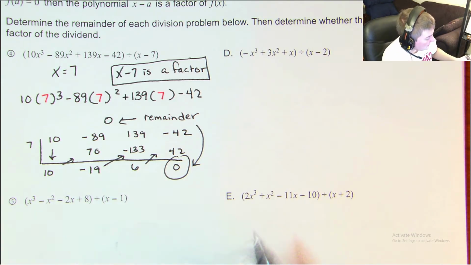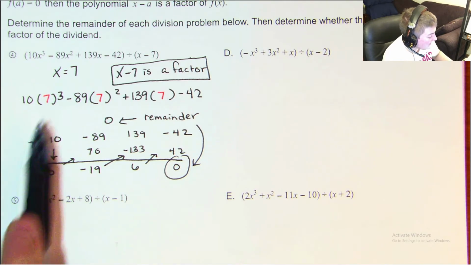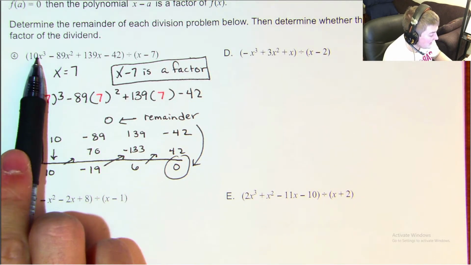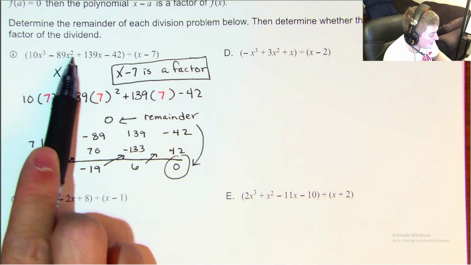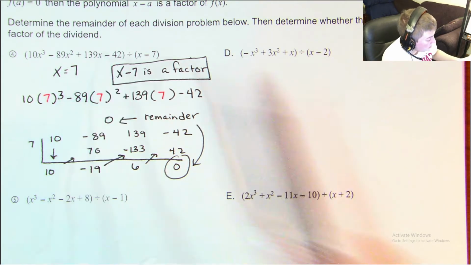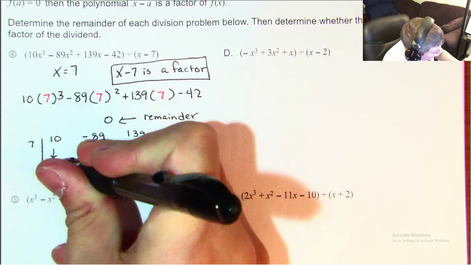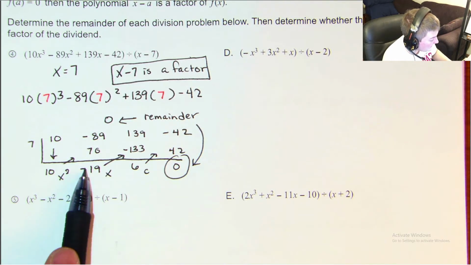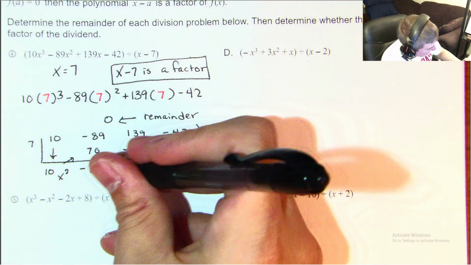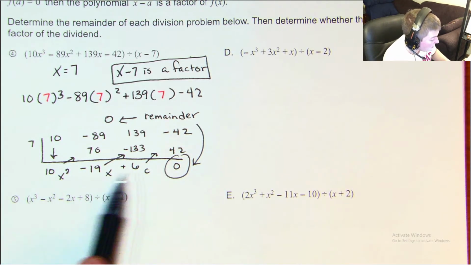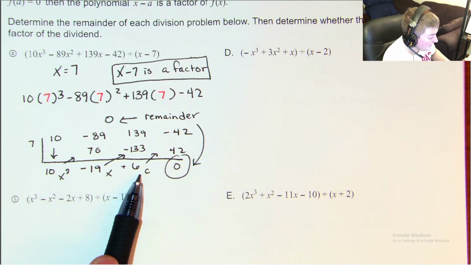This means that x minus 7 divides into 10x cubed minus 89x squared plus 139x minus 42 evenly. It divides into it as 10x squared minus 19x plus 6, a nice neat polynomial.